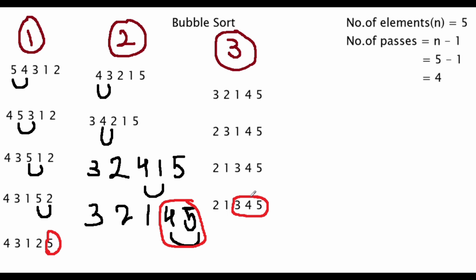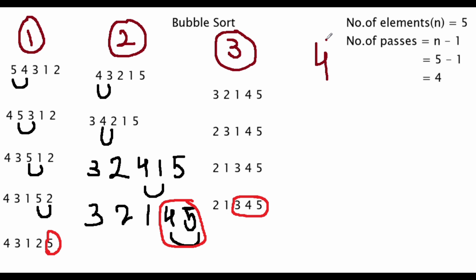So for each and every pass, at least one element will be placed in its correct position. By this we can say elements are bubbled, going to their correct places. That's why the name came as bubble sort. Hope you understand, guys.